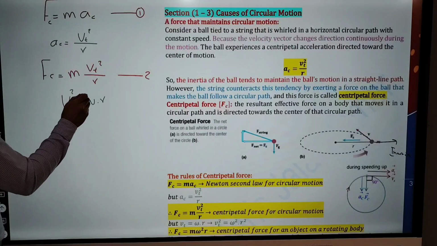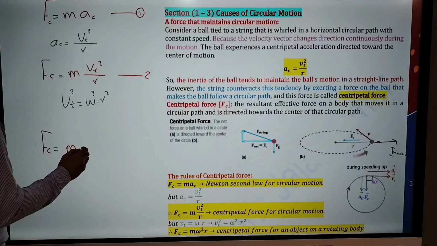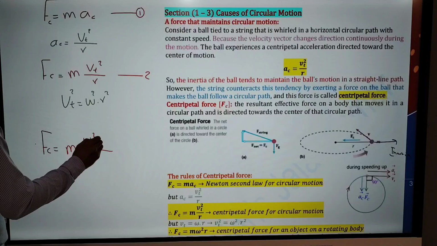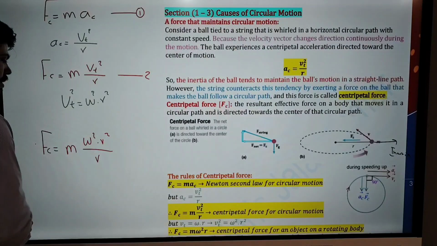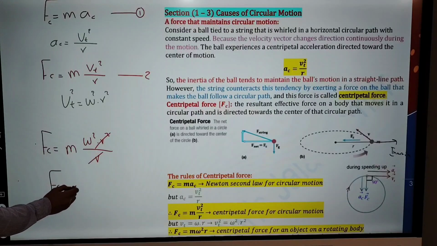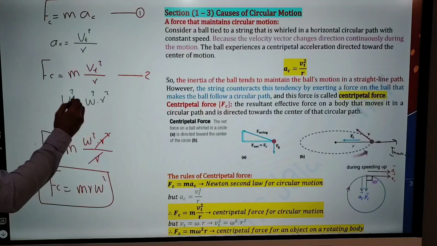What about Vt squared? It is equal to omega squared r squared. Substitute in equation number 2: Fc is equal to m, and instead of Vt squared, write omega squared r squared over r. The r's cancel. What remains? Fc is equal to m r omega squared.